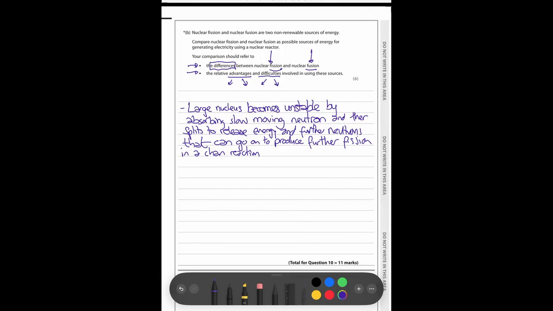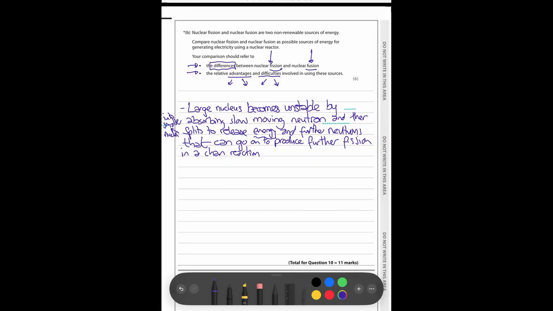I'm using the keyword slow-moving neutron. I'm making sure that I mentioned about energy, releasing further neutrons. I've got chain reaction in there. I'm pretty happy that I have got this perfect. The only thing I can say, when I say it splits, I could say into smaller nuclei as well. Even though it's kind of implied, I want to make it very obvious that I'm saying everything right.